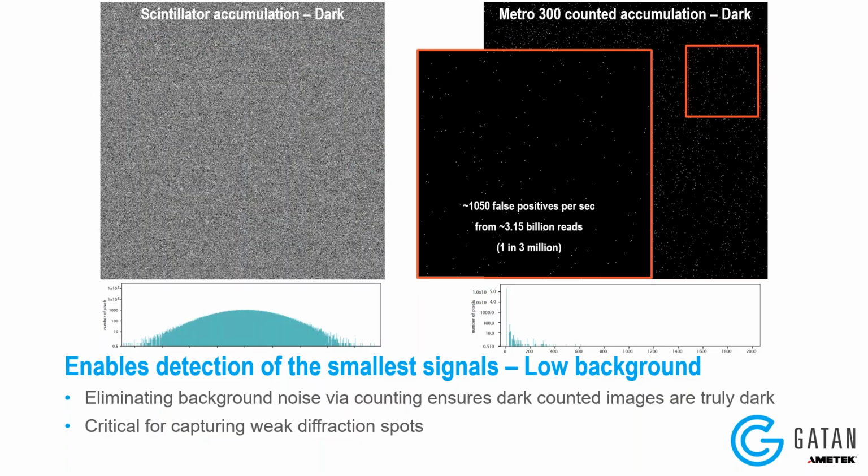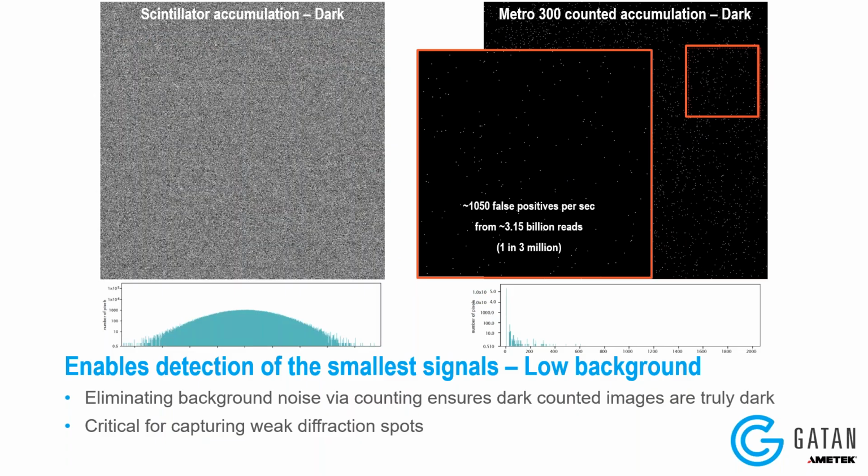There's no discernible long-range pattern here. But there is still variation from one group of pixels to another. And we see this sort of speckle pattern that would interfere if you were trying to look at very, very faint signals in your diffraction pattern.